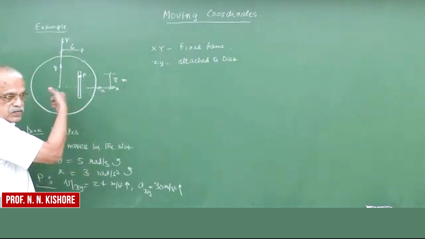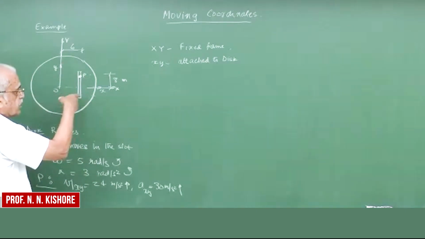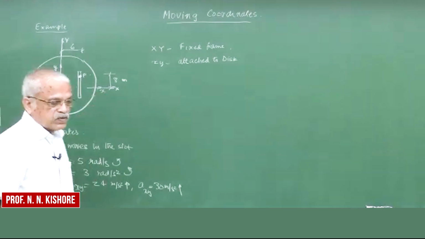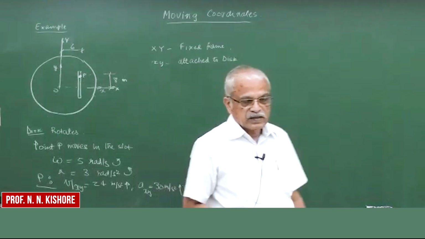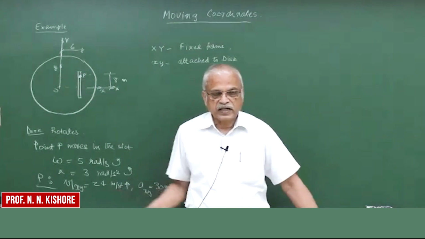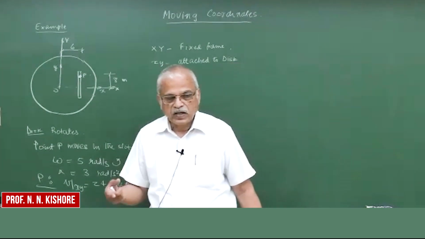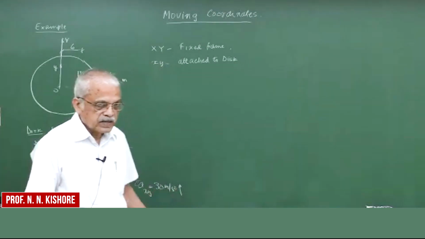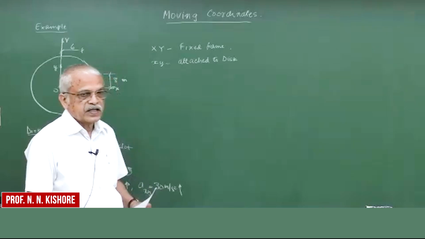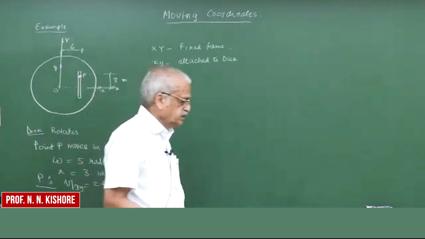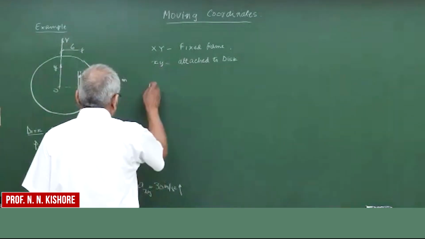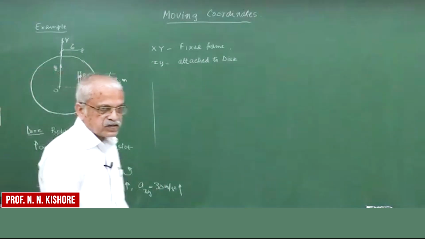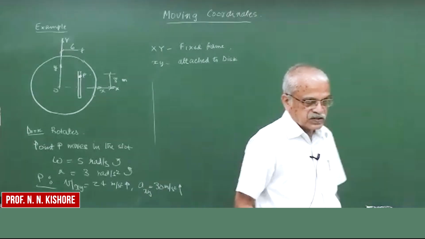You can take xy in any direction, but for simplicity, at this instant, we let it coincide with big xy, so that small ij are coinciding with big ij. However, small ij has a rotational component. This is a very straightforward problem, however, I have taken it just for the sake of illustration.